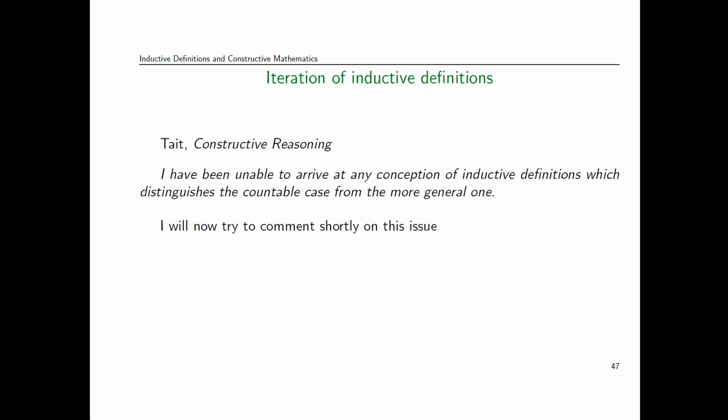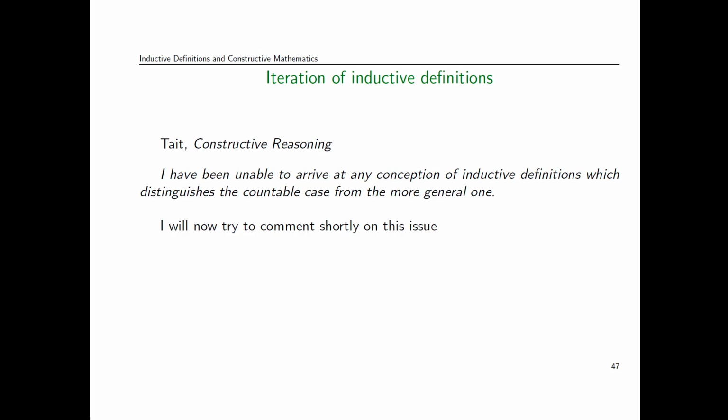I think this step from ID1 to ID2 has been analyzed too little in a conceptual way, but it's actually very difficult to do. For instance, Tait, in this paper that I've cited several times, states: I have been unable to arrive at any conception of inductive definitions which distinguishes the countable case from the more general case.